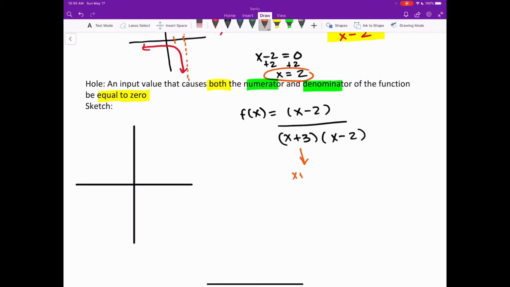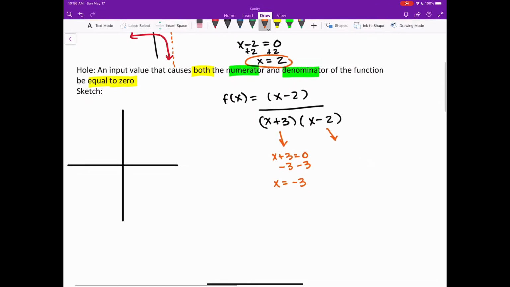If I set x plus 3 equal to 0 and solve for x, I should get an asymptote at x equals negative 3. If I set this other factor of x minus 2 equal to 0 and solve for x, there should be an asymptote at x equals 2, all right? But here's the difference.